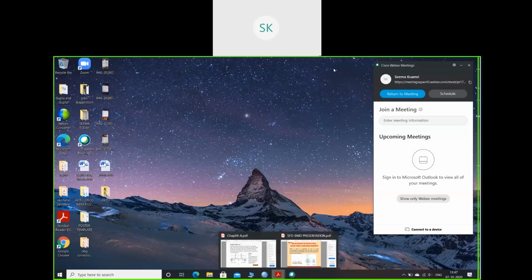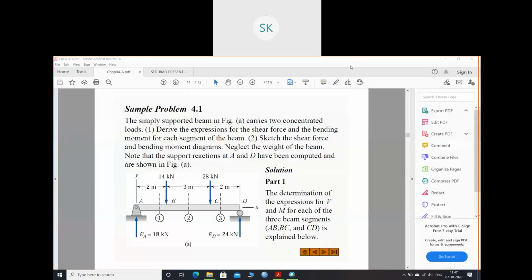All of you please mute yourself, otherwise it will create an echo. What are you able to see on the screen? Respond. Is my screen visible or not? What are you seeing on the screen? Yes, ma'am, it's visible. What is written? Simple problem 4.1.